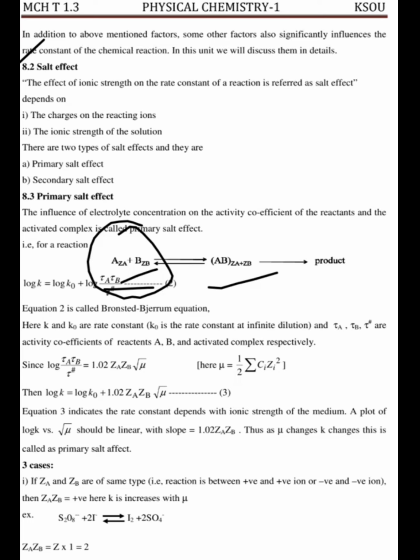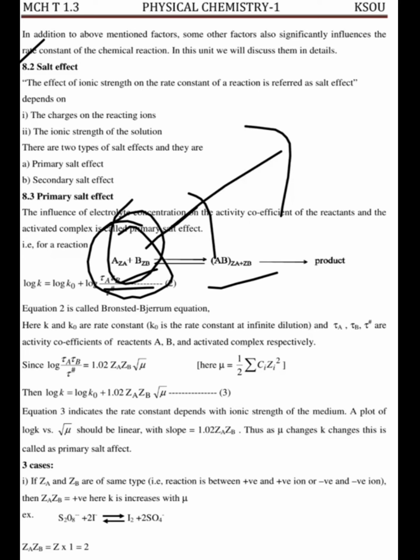So for the bimolecular rate constant, what are you going to take? Either unimolecular or bimolecular, which I have discussed in the previous unit. Here two molecules are present, so it is a bimolecular reaction. So how do you calculate the rate constant?